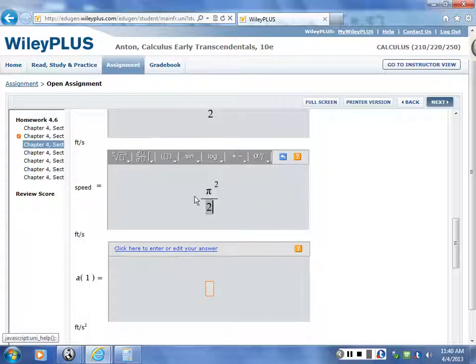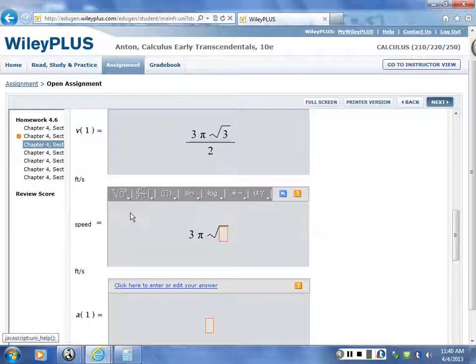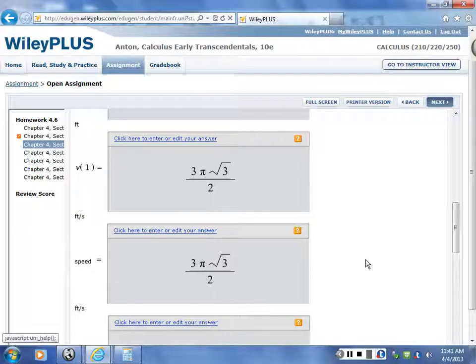Oh, that's speed. Put that in the wrong one. What is the speed? Is this positive? So the speed is the same thing as the velocity when they're both positive, when the velocity is positive.